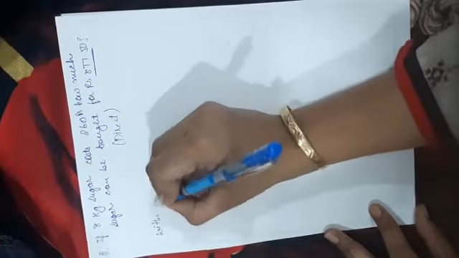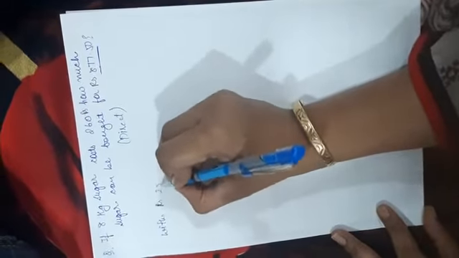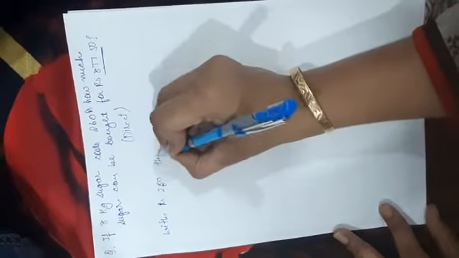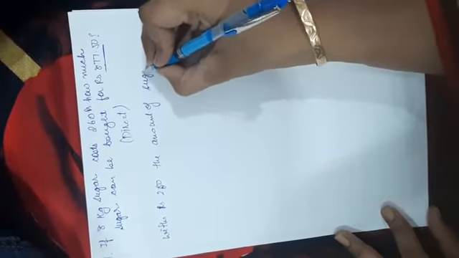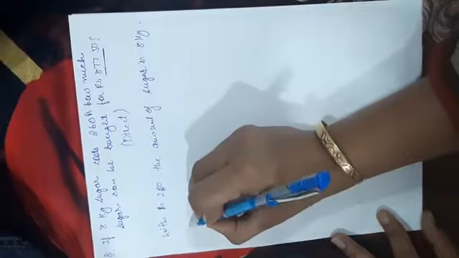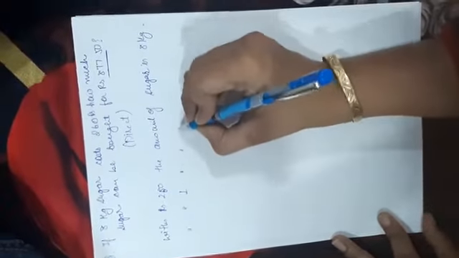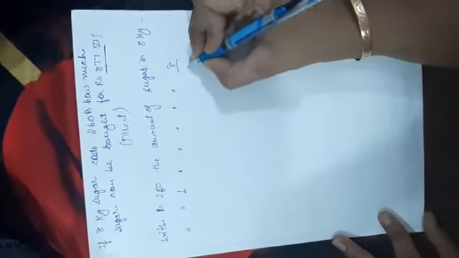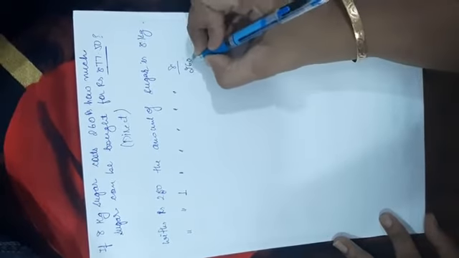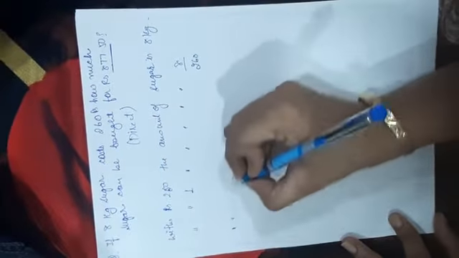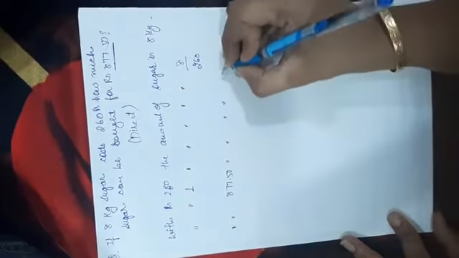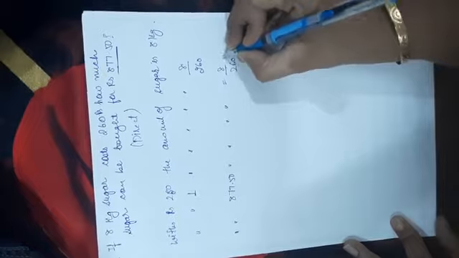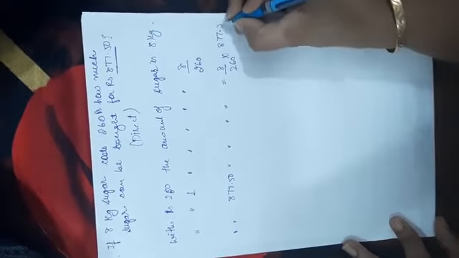Just see how it follows. With rupees 260, the amount of sugar is 8 kgs. With rupee 1, the amount of sugar is 8 by 260. This is A by B form. And with rupees 877.50, the amount of sugar is 8 by 260 multiplied by 877.50.